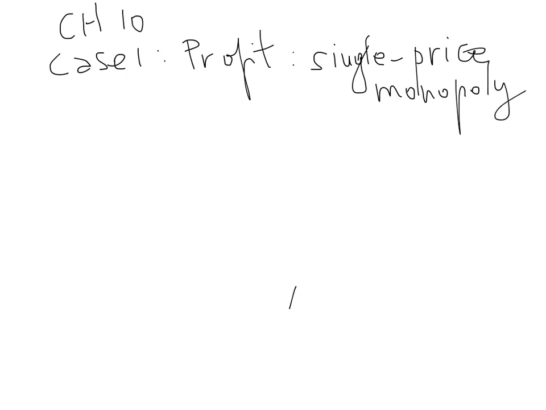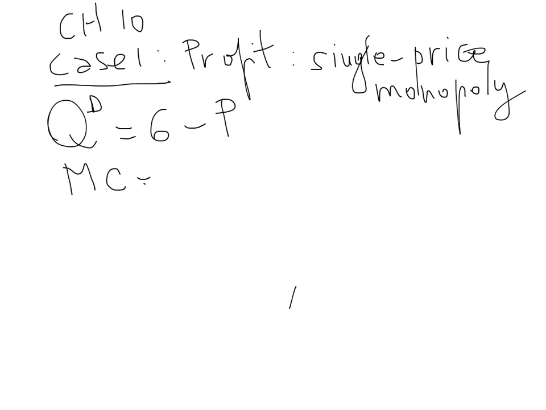Okay, so let's see. We have quantity demanded equals 6 minus P. This is my price. Marginal cost is $1, equals average total cost. We're going to use smaller numbers so the calculations are easier.